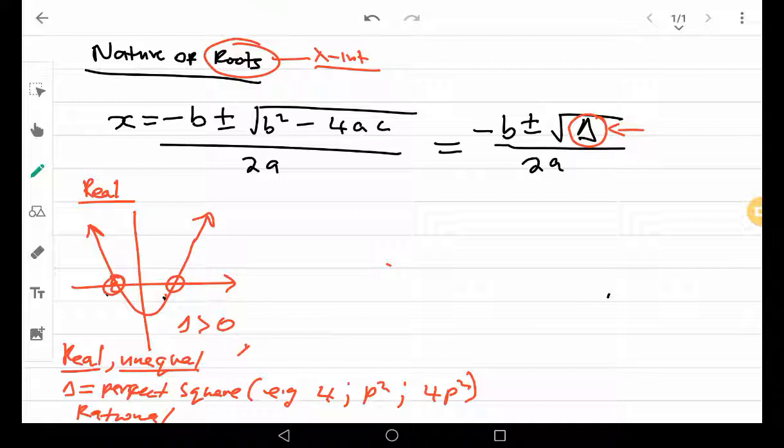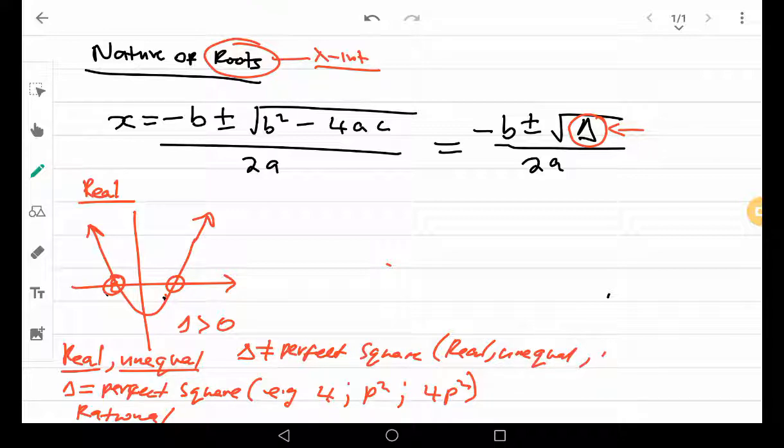If the delta is not equal to a perfect square, the roots are real, unequal, and irrational, which cannot be written in the form a over b, they are decimals.